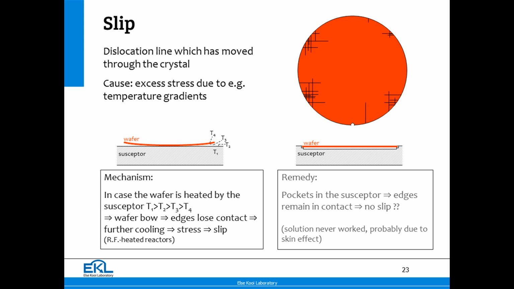These kind of edges generate additional currents during RF heating, and it's very difficult to apply even heating this way. The solution never worked. So we are coming by now to lamp heating from the top and from the bottom, even heating, and it is also clear that an RF heated reactor will always suffer from slip.